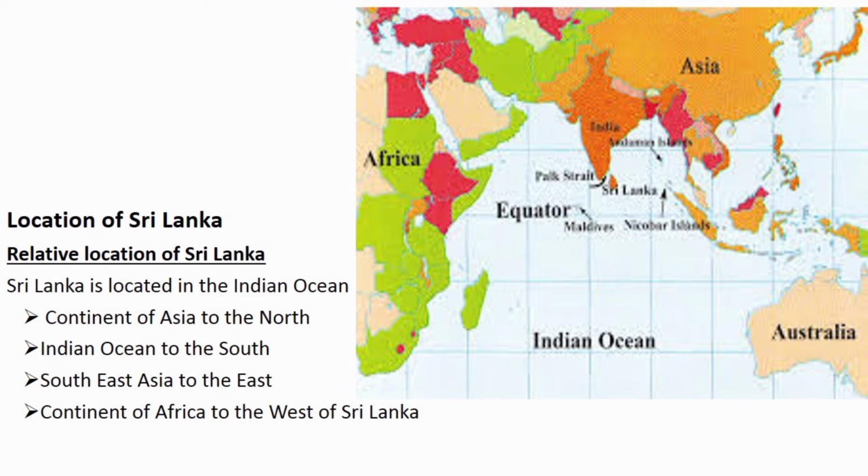To the north of Sri Lanka, you can see Asia continent, and to the south of Sri Lanka, Indian Ocean. Then to the west of Sri Lanka, we can see there is a continent, Africa continent. Then to the east of Sri Lanka, we can see some islands. These are called as Southeast Asia.